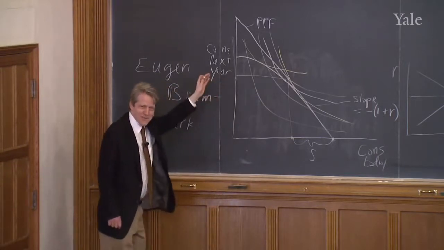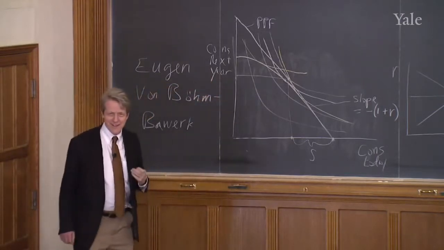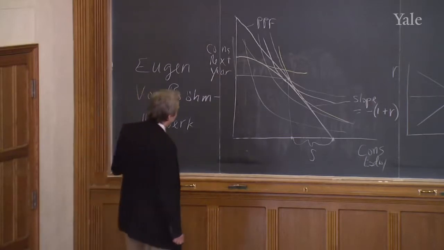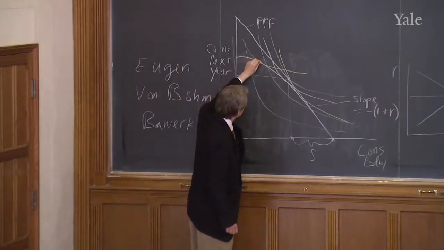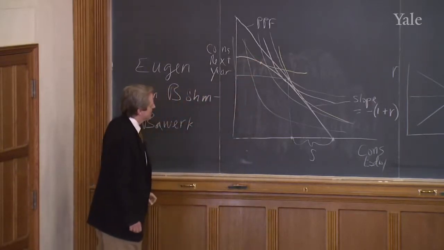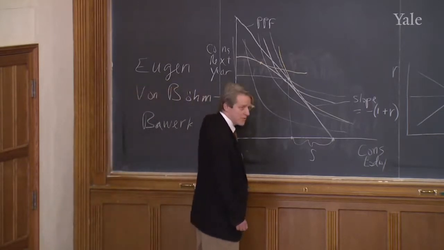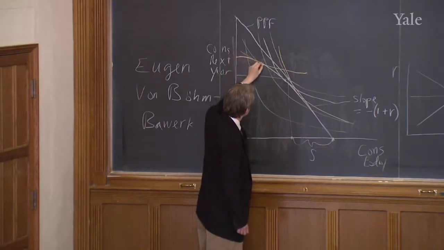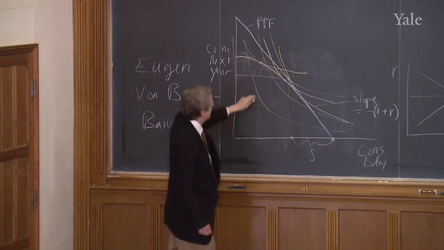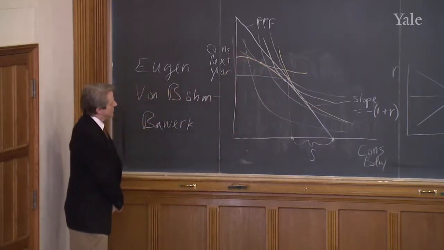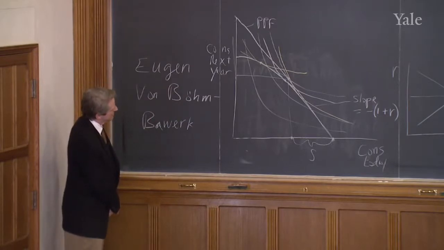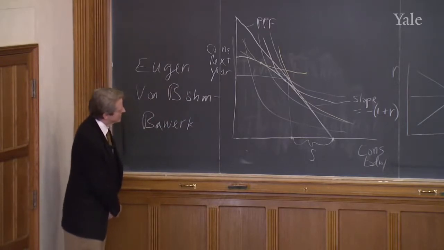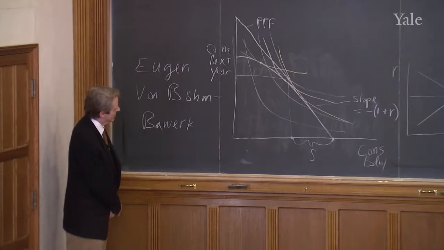That's another Robinson Crusoe with a different personality who's more patient. Then the tangency would be up here, and the interest rate would be much lower, because the interest rate would be the slope of the line that goes through that tangency point, tangent to both the indifference curve and the production possibility frontier.